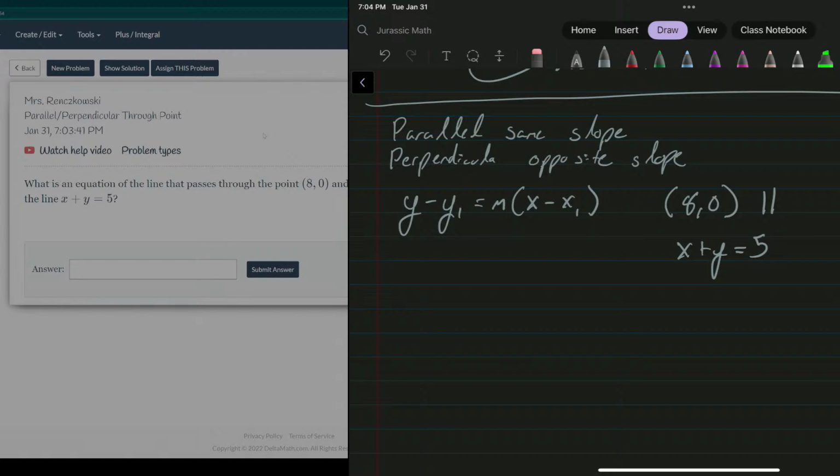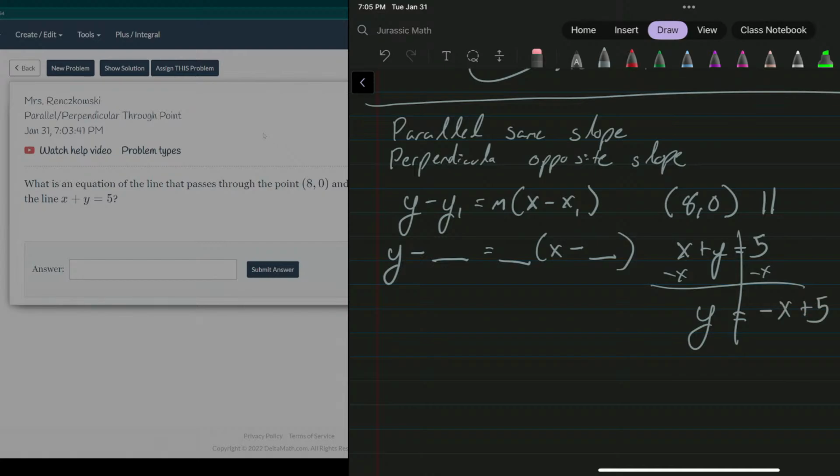So the first thing I need to do is find that slope, because my equation is just y minus something equals something x minus something. So to find slope, I'm just going to solve for y. Subtract x, y equals negative x plus 5. My slope is the number in front of the x, which is a negative 1.